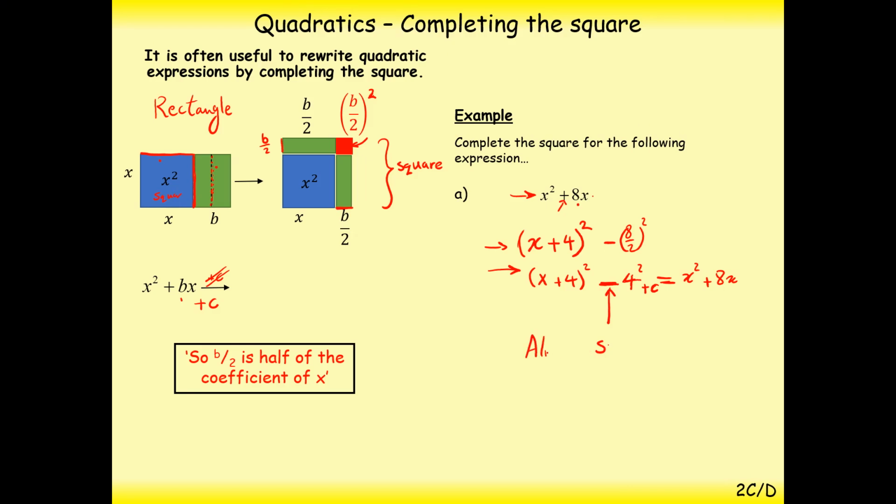So let's make a note here: we always subtract, whether this is a plus or a minus sign. In some cases this may be a minus sign, but we always subtract the square of this term here, because we didn't have this red square to start with, no matter what.